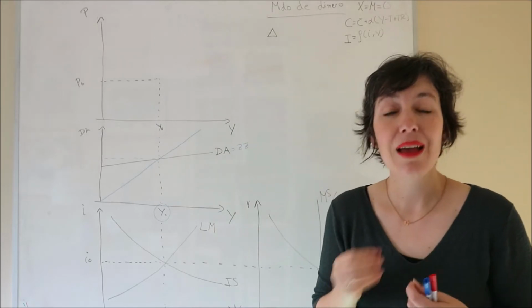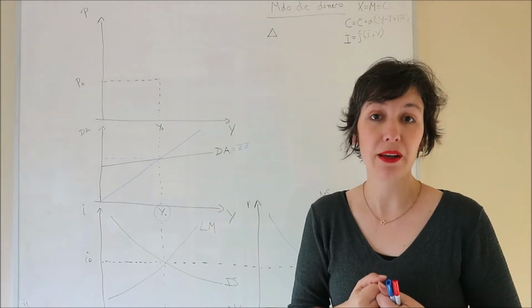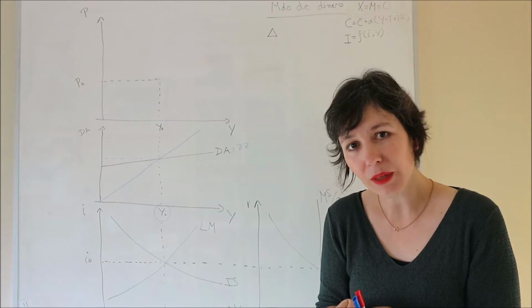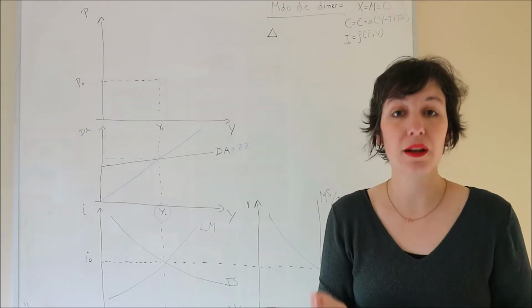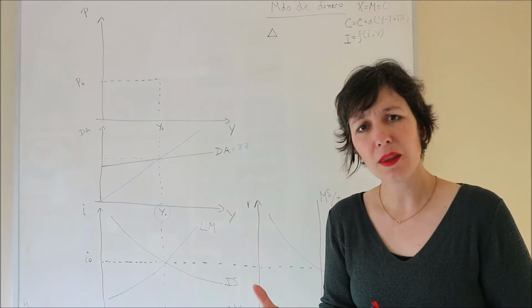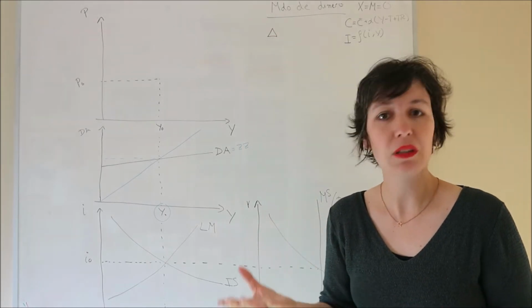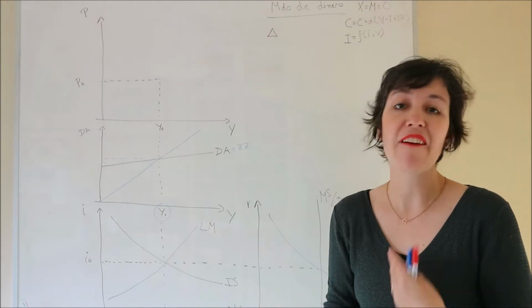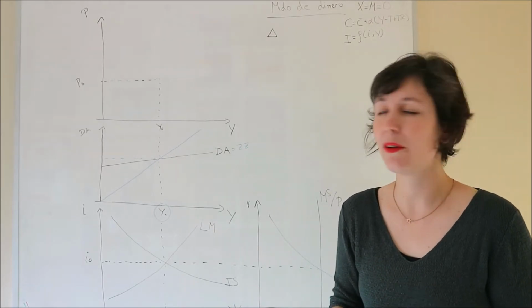And if you remember, that is an equilibrium in the good market. So always that the aggregate demand is equal to production, we are in an equilibrium, at least in the good market, okay? Because if the aggregate demand is higher than the level of production, that is not an equilibrium, and vice versa, it's neither an equilibrium.